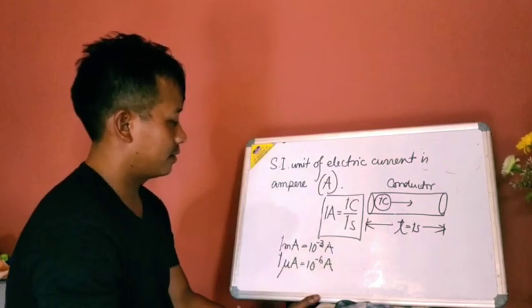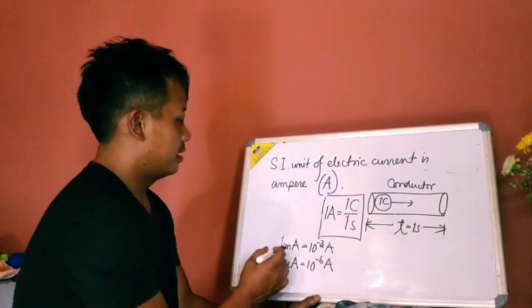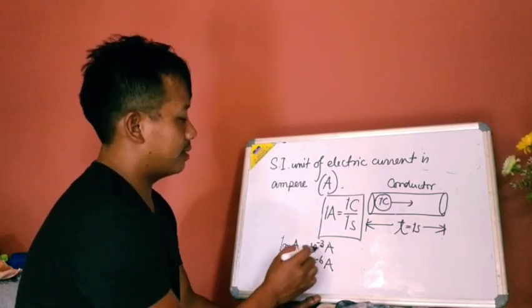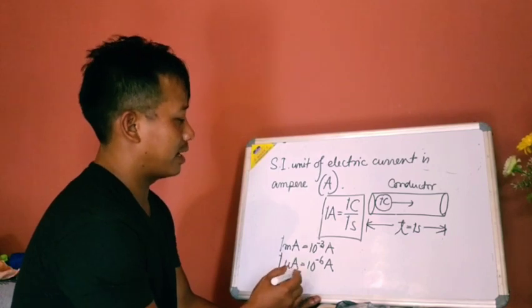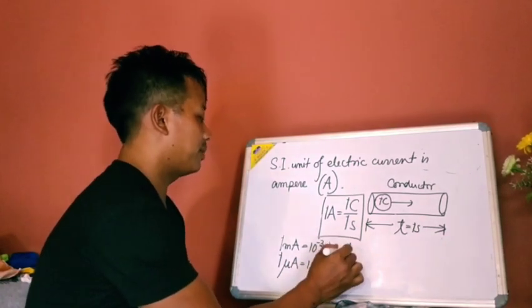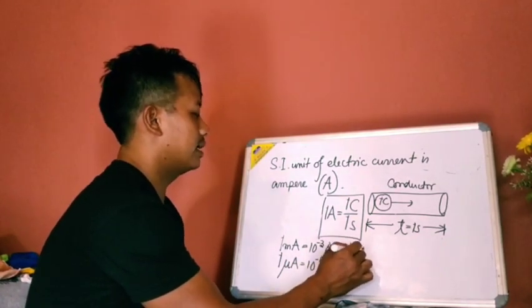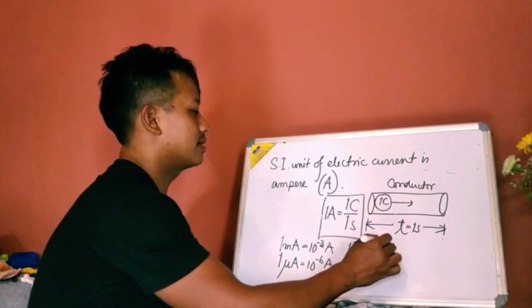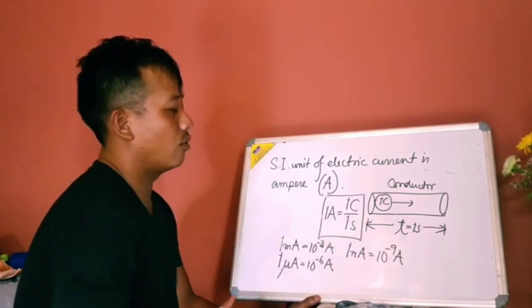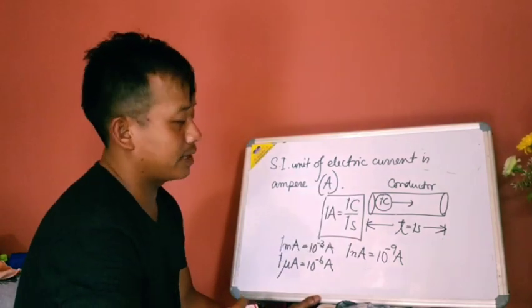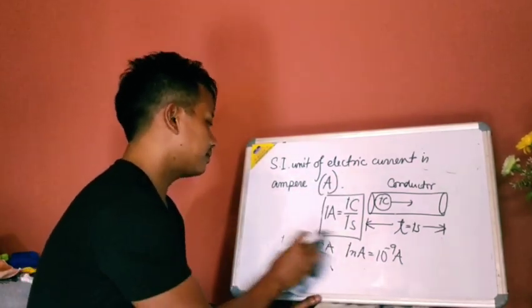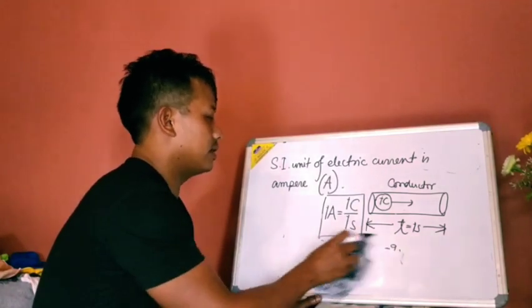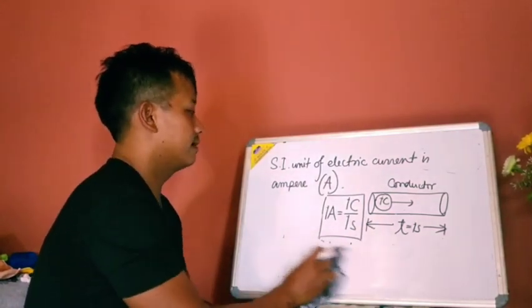Nanoampere, nA, is 10 power minus 9 ampere. Likewise picoampere and so on. These are the smaller units of electric current. This is all about the introduction of electric current.